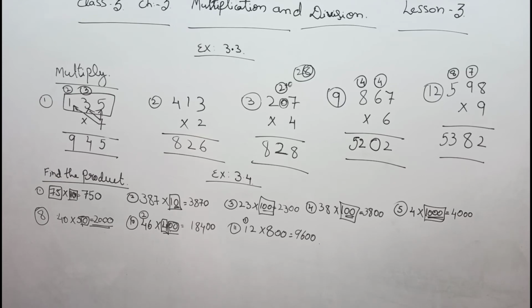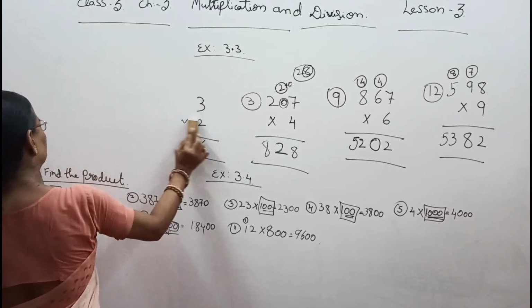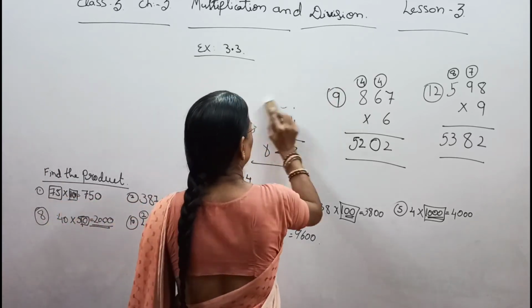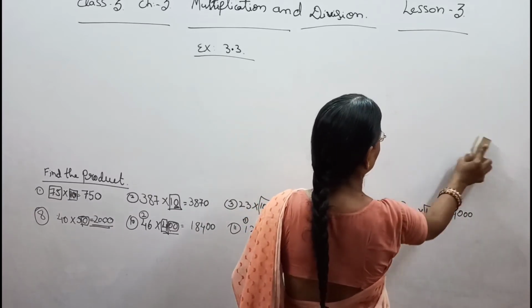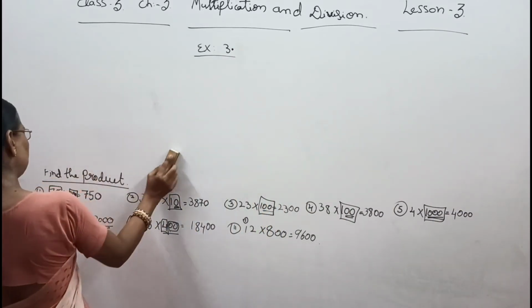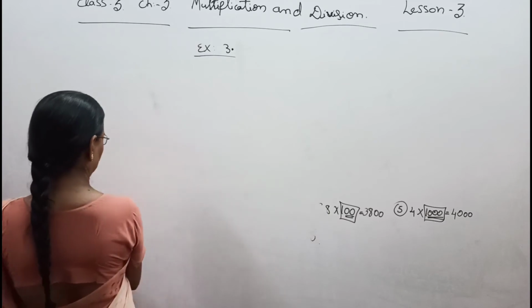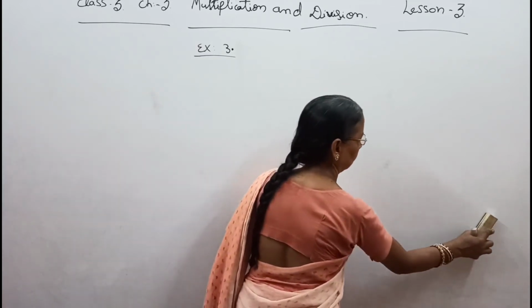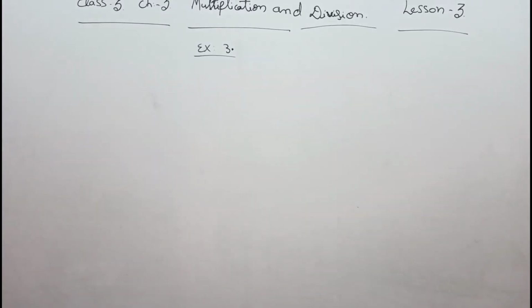Now we are going to exercise 3.5, that is based on properties.